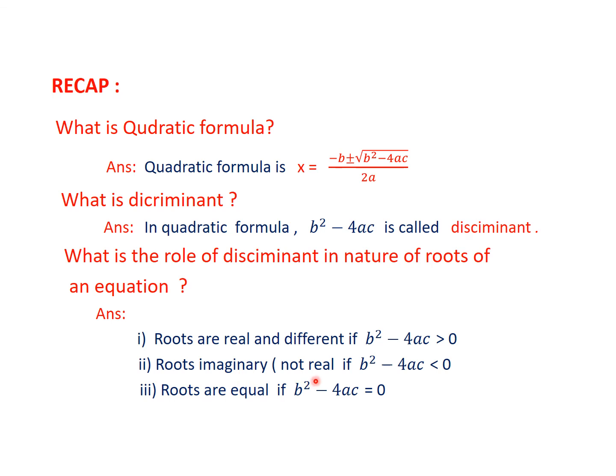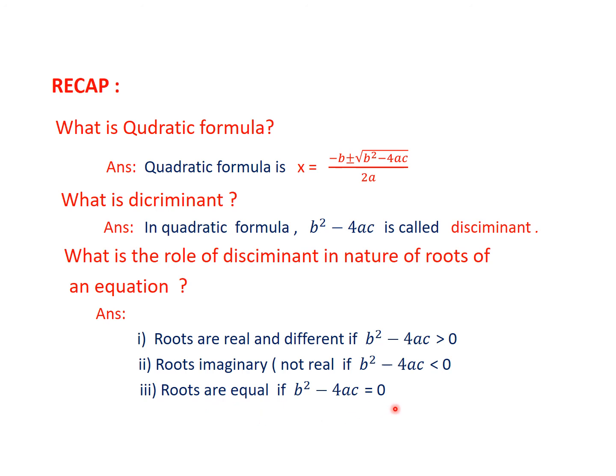Roots are real and different if b square minus 4ac is greater than 0. If we get answer for discriminant as something positive, we always get real answers, and two different answers will be there. Roots are imaginary or not real if b square minus 4ac is less than 0. If we get something negative under the radical sign, we claim further solution is not possible and we stop solving the question. Further, roots are equal if b square minus 4ac equals 0.